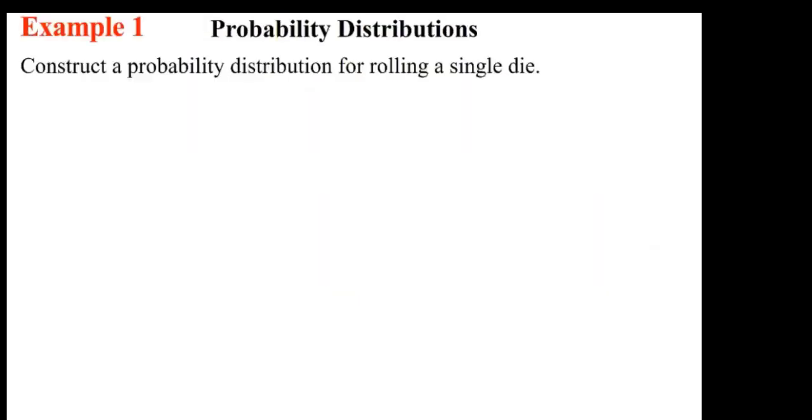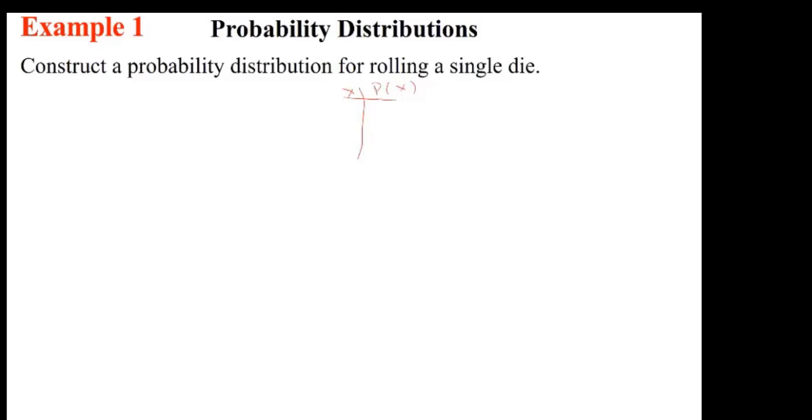Probability distribution. In the first example, we are constructing a probability distribution for rolling a single die. Just remember, all you have to do for a DRV, discrete random variable, all you need is X and P of X. All you have to do, fill up those two columns.